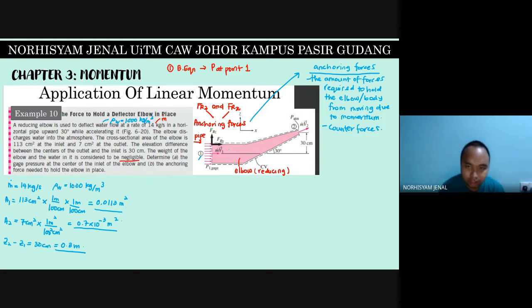Okay, so first, this is a question of Bernoulli. So remember, if you get a question for linear momentum, number 1, use Bernoulli equation and continuity equation to find P gauge or to find out velocity.